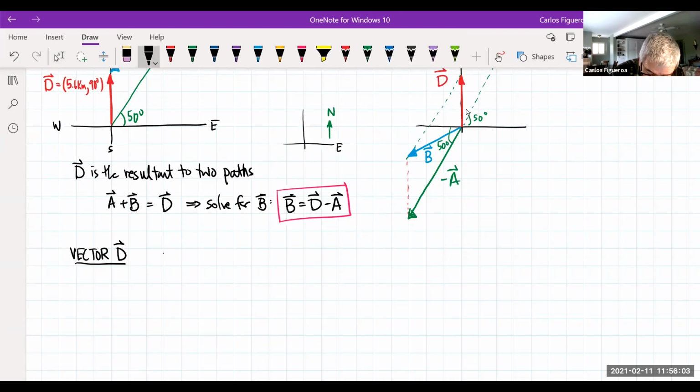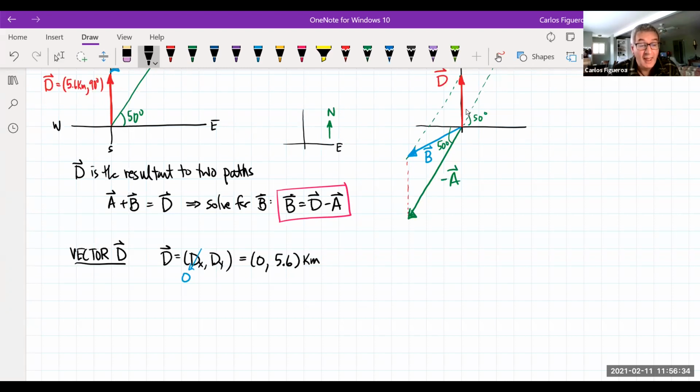So in other words, when I look at D, I have dx, dy, but I see that it only has a vertical component, so I know that dx is 0. And the full length of this is 7.8. No, is it? No, it's 5.6. So this is 5.6 kilometers. Okay, so we're set here. I know both of those components.